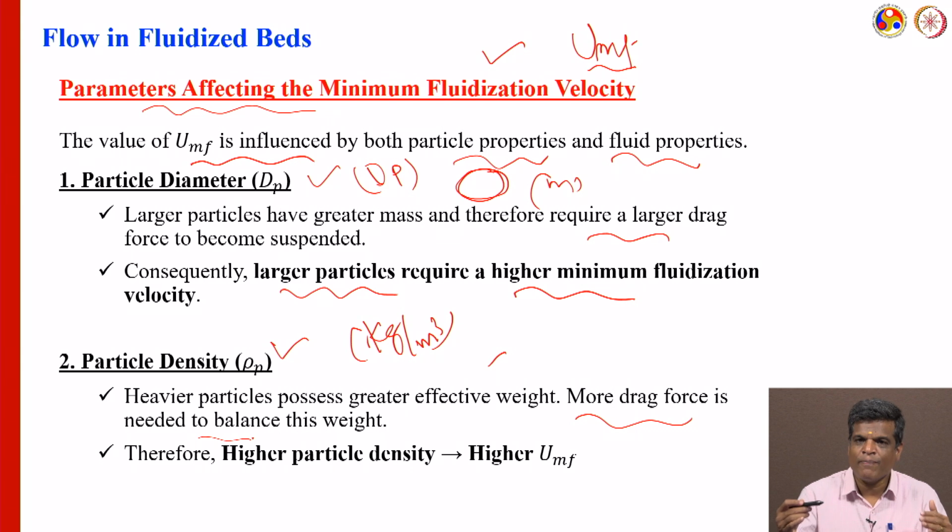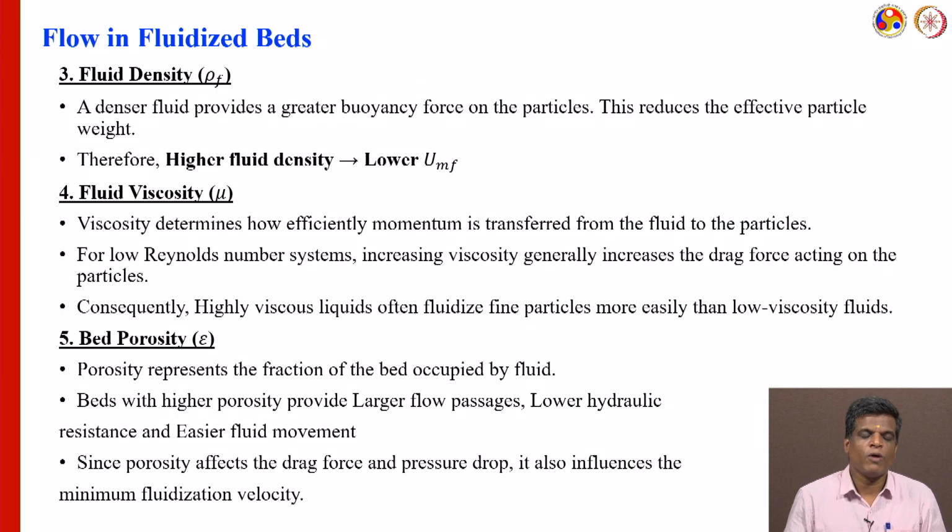If the particle density is higher, we need higher UMF, higher minimum fluidization velocity. If particle density is more, or particle diameter is higher, then we need higher minimum fluidization velocity. These are the 2 parameters we discussed.